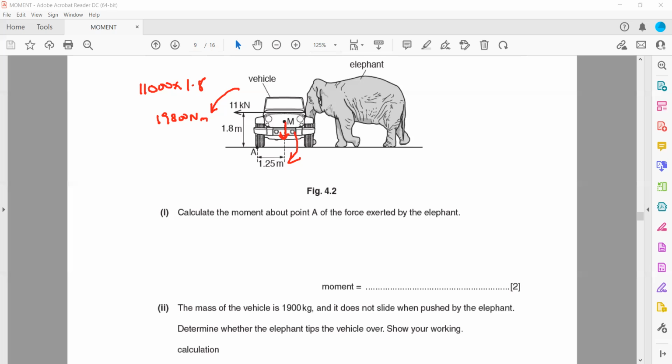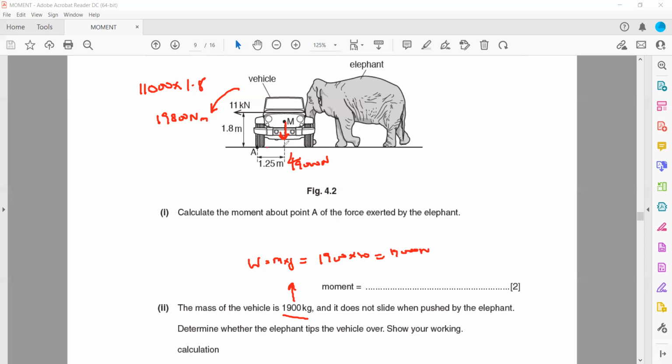Now to calculate the turning effect due to the weight of the car, the mass of the car is 1900. What will be the weight of the car? Weight is mass multiplied by gravity, 1900 multiplied by 10, so the weight is 19,000 newton, acting downward.